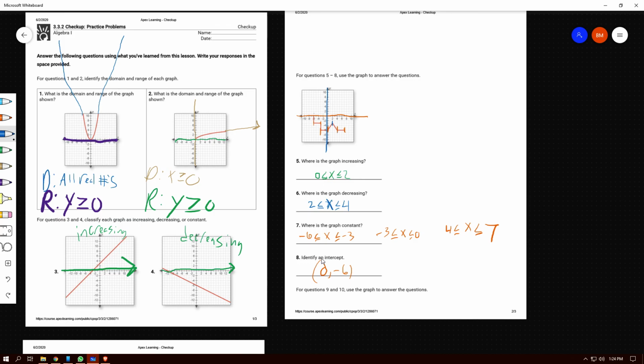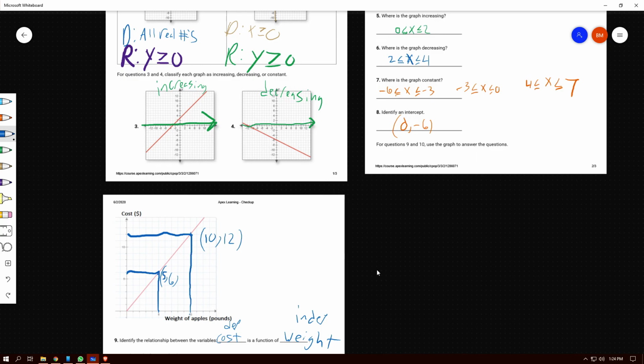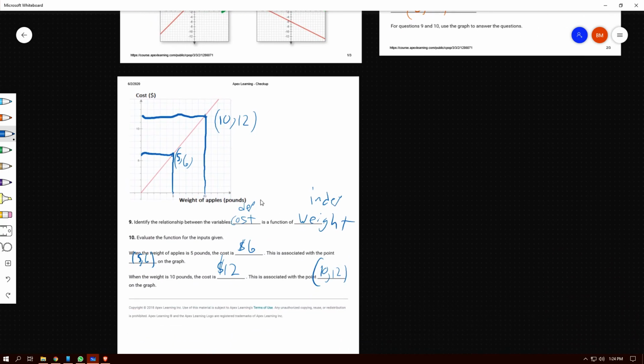And then an intercept is anywhere the graph crosses the x or y axis. And then again, the dependent variable will always go first, then is a function of, and then that would be where the independent variable goes.